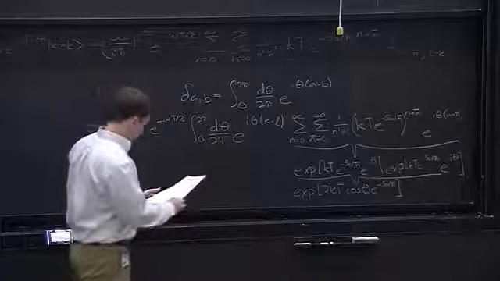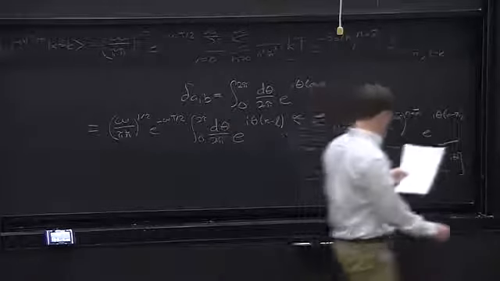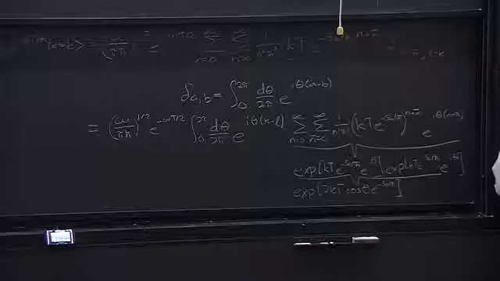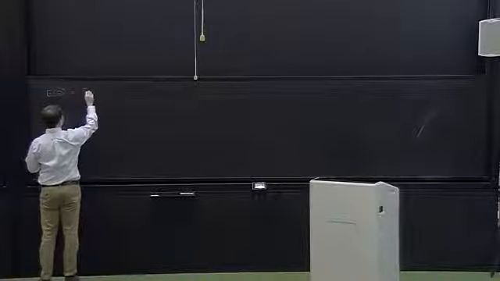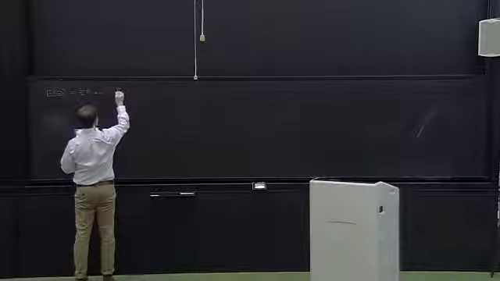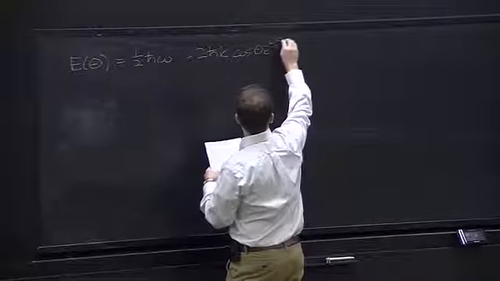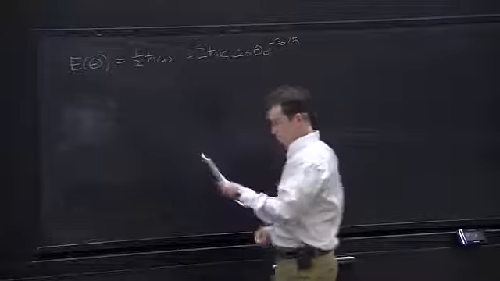So the energy eigenstates will have eigenvalues E theta, which is a half h bar omega plus 2 h bar k cosine theta e to the minus S over h bar.